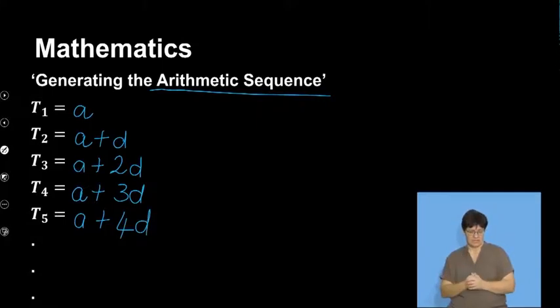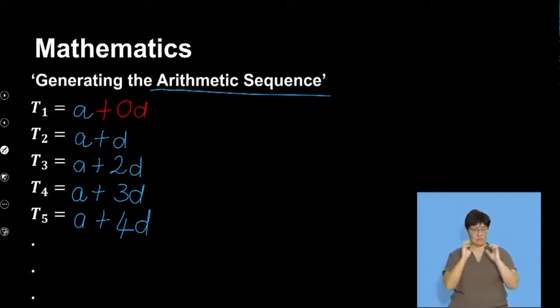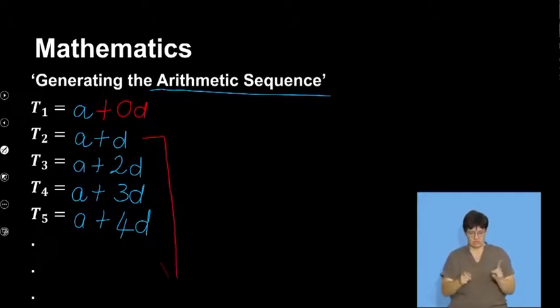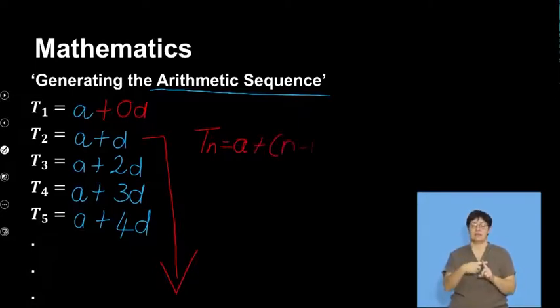So we can see that if we link it back to term 1, there were no differences added for term 1. Then moving down, I added 1 difference, then 2 differences, then 3 differences, then 4 differences, and this pattern will continue going on. So that's why I can say that the general term is equal to A plus (n minus 1)d. So for term 4, we added 3 differences.